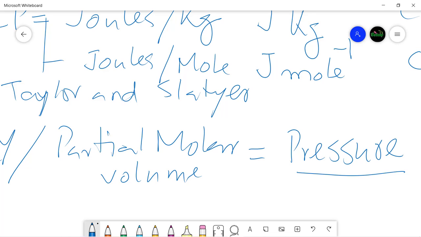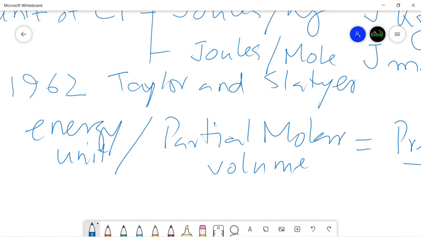The old terms that have been used throughout the literature were osmotic pressure, diffusion pressure deficit, and terms like that. So it was more appropriate to convert these energy units into pressure units. So this was the method used, and the recommendations of Taylor and Slater were accepted.